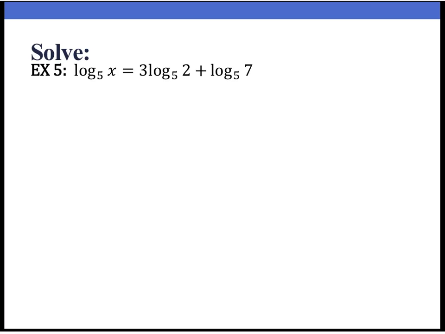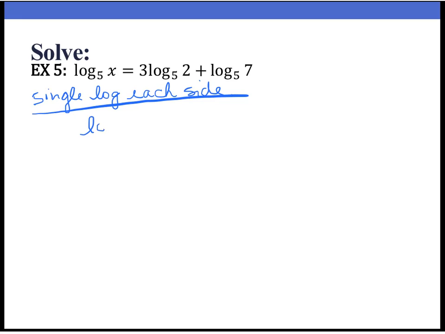Now, example 5, we are going to be solving for x. And the clue to this first one, when we're solving for x, is we want a single logarithm on each side. So, single log each side. That means we're going to have to combine the right side.